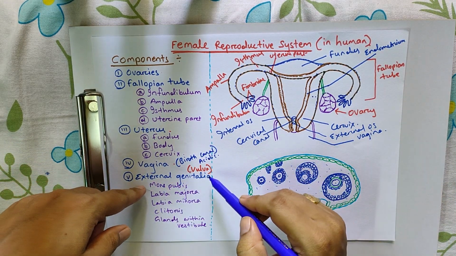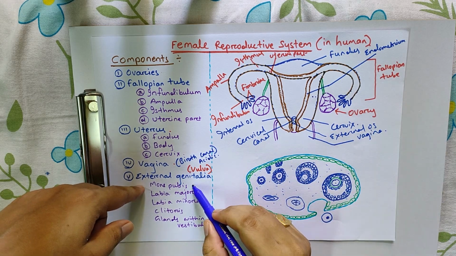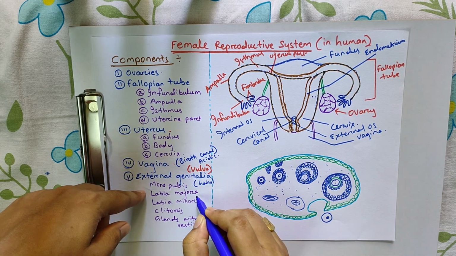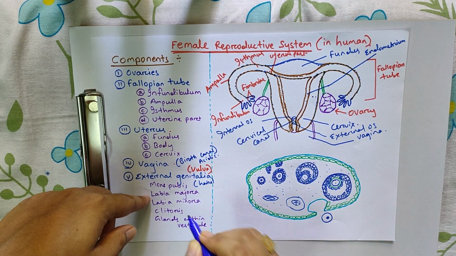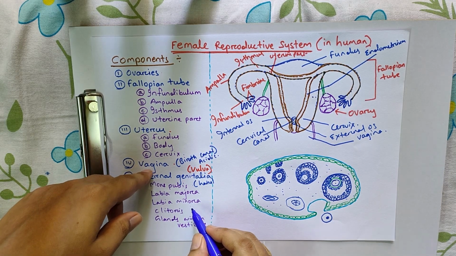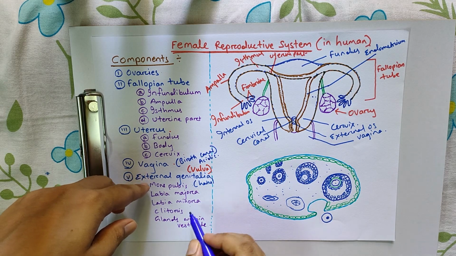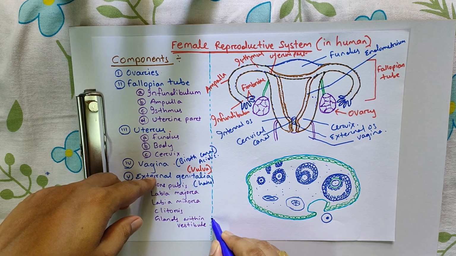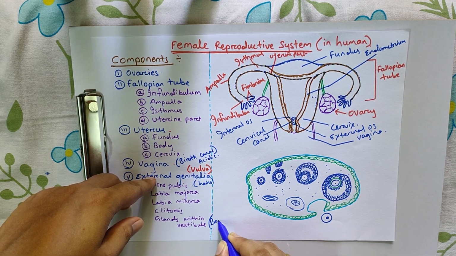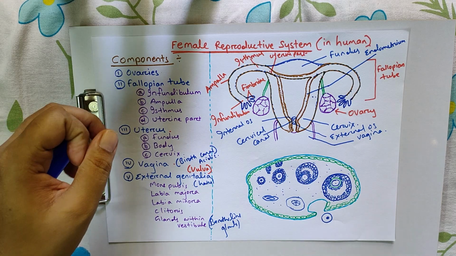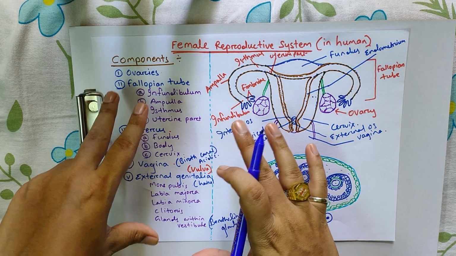The external genitalia or vulva has different structures: mons pubis having hairs, labia majora, labia minora, clitoris, a sensitive part homologous to the penis of the male reproductive system, and glands within the vestibule, that is the lesser vestibular glands or Bartholin's glands. This is the reproductive system.